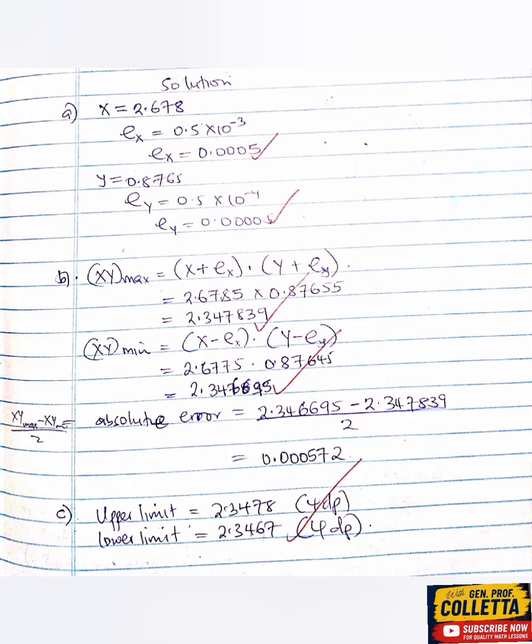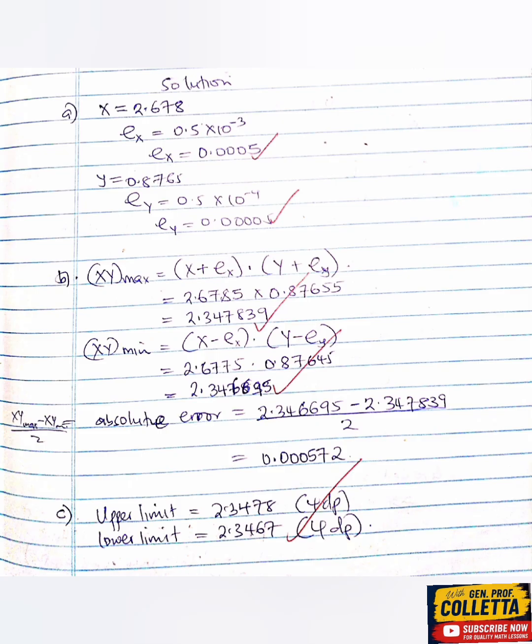You count 4 zeros, 0.00005. Then to get xy max, it will be x plus error in x times y plus the error in y to get the maximum value of xy. Then how do we get the minimum of multiplication? Minimum of multiplication will be got from x min times y min. That's why on x I subtract the error, times on y I also subtract the error.